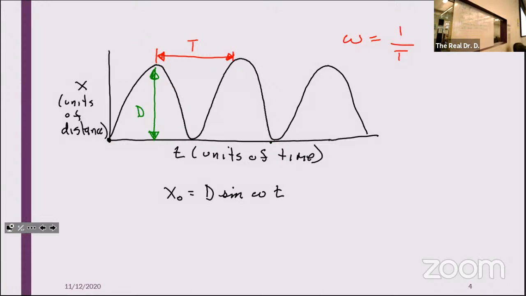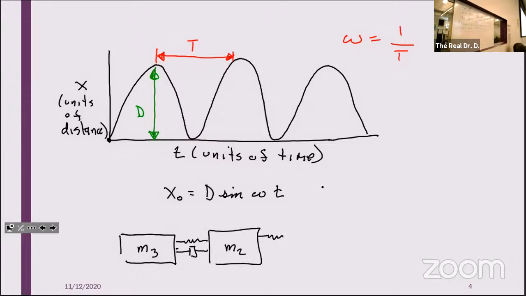So let's go back for a second to that previous picture, because I'll just draw it again. Here we go. I've got mass 3 connected via a spring and a damper into mass 2, with a spring and a damper into mass 1.